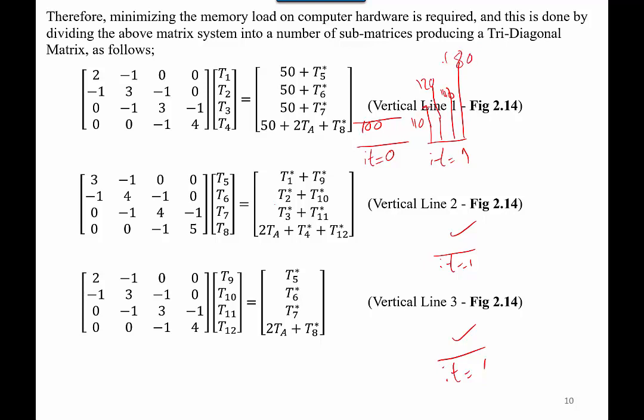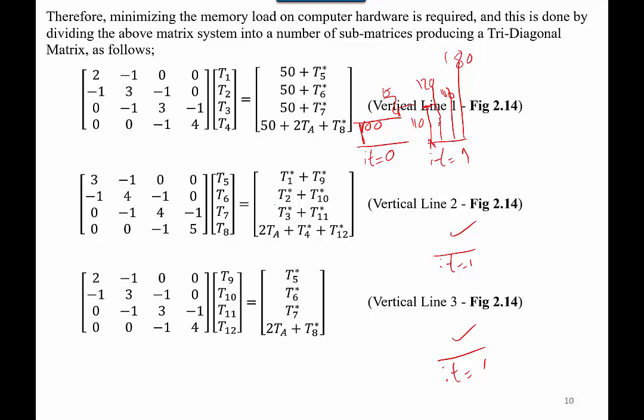So we will check the difference at each node. That means for T1, this iteration has a value of 110 degrees centigrade, and we subtract the previous iteration, and the delta T will be 10.